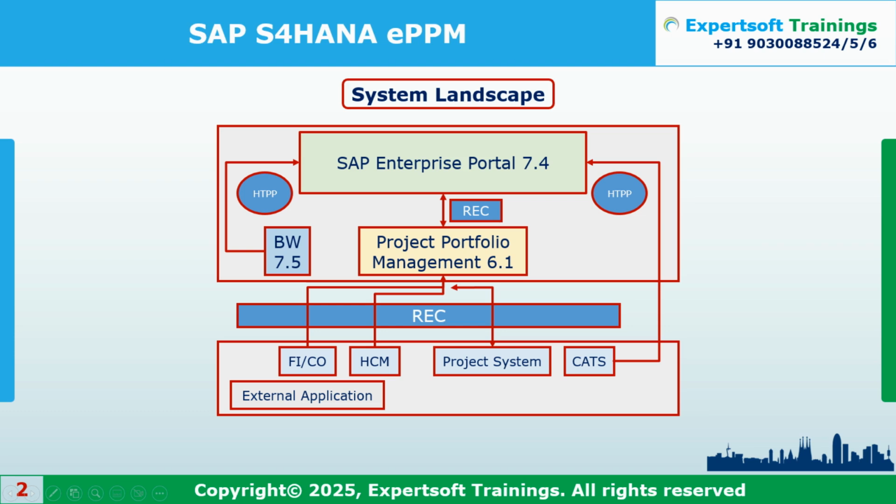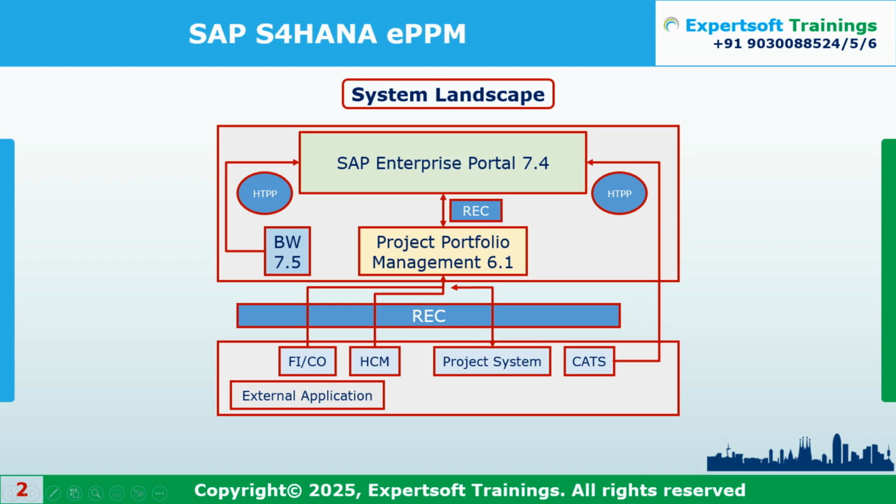Now in S4 HANA, this tool is completely part of the same landscape itself. You no need to create a different landscape or a different server and then install this PPM. By default you will get it licensed, so by default you will get this ePPM.